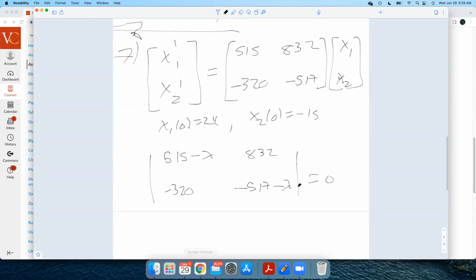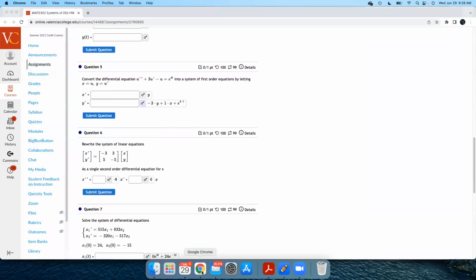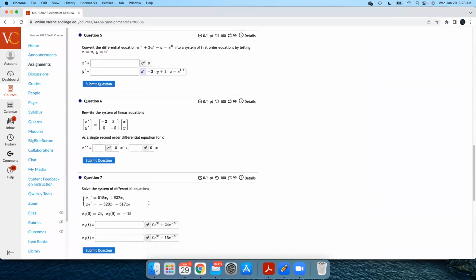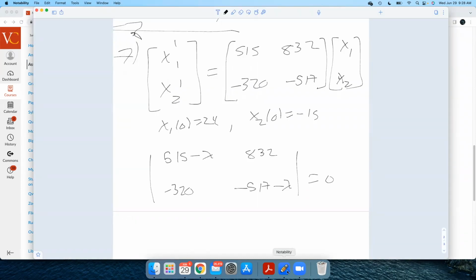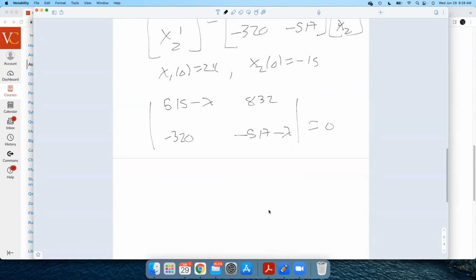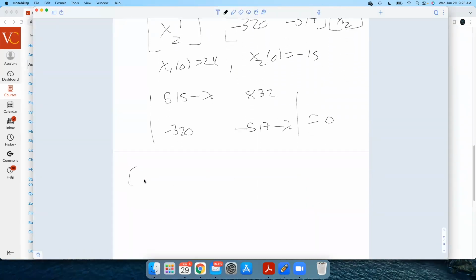Now, let me make sure I copied all those right before I get too far in this. 515, 832, 320. All right. Okay, so then multiplying, remember we go like this minus like this. So 515 minus lambda times negative 517 minus lambda.